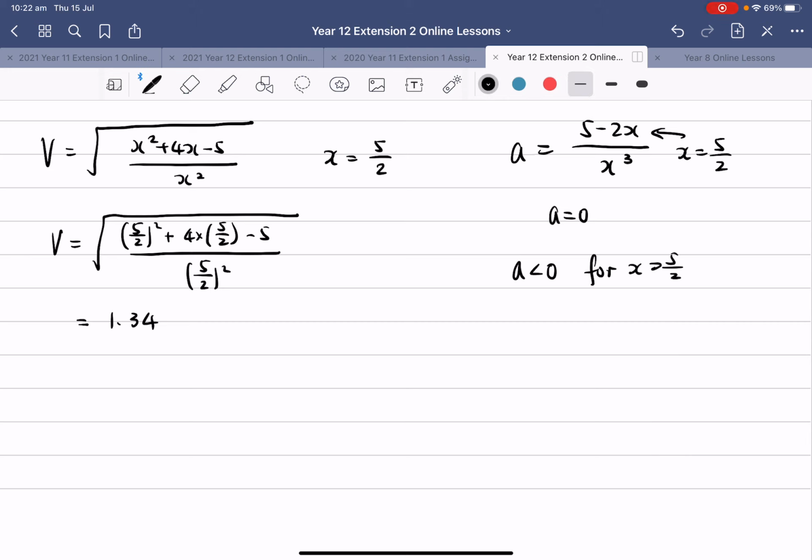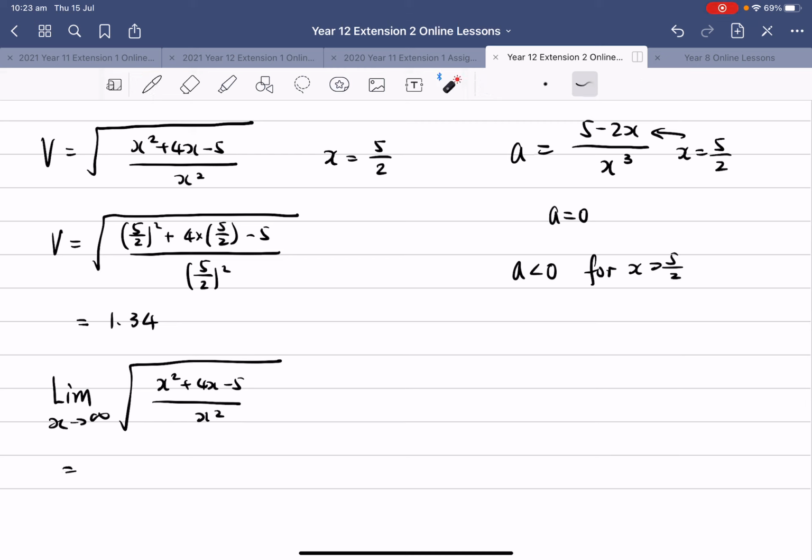So another way you can do a question like that is you put a very large number into this expression to see what the velocity roughly equals when x becomes a large number. So in this case, we can do a limit question when x approaches infinity, for the square root of x squared plus 4x minus 5 over x squared.